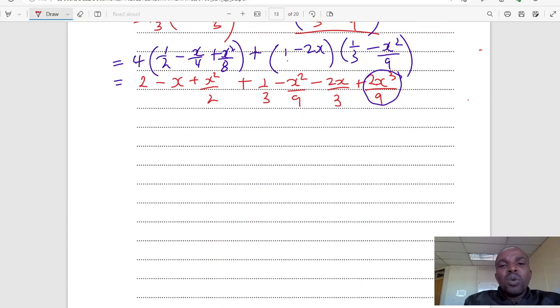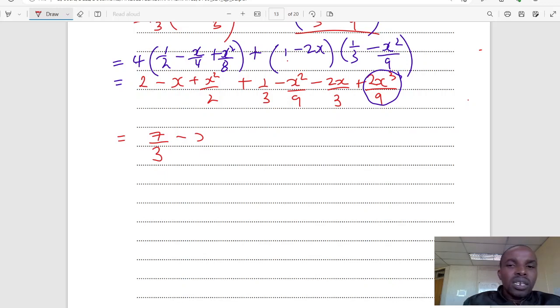So I have to simplify now. X squared, x squared, x squared. I have my 2 plus 1/3. It's supposed to be 2 and a third, that is 7 over 3. Then 2x is just x here. It's x minus 2 over 3 x.